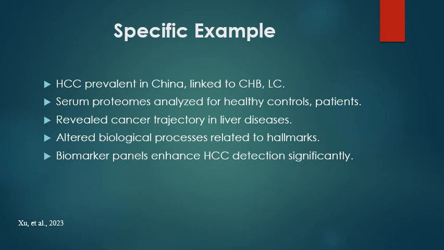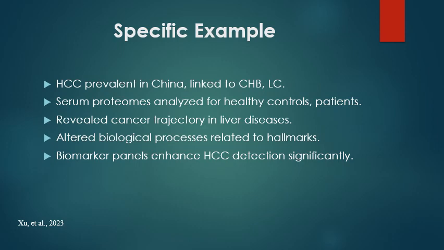There are serum proteomes that were analyzed from healthy controls, constructing the first cancer's trajectory for liver diseases. Their findings highlighted biological processes that were related to cancer hallmarks and potential therapeutic targets by changing the signaling pathway.